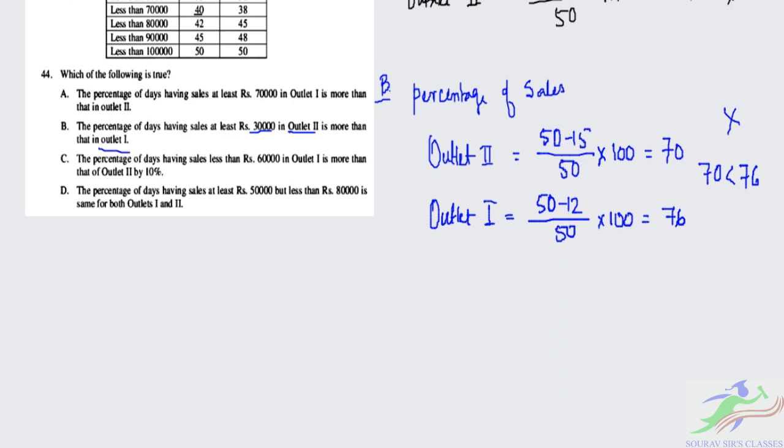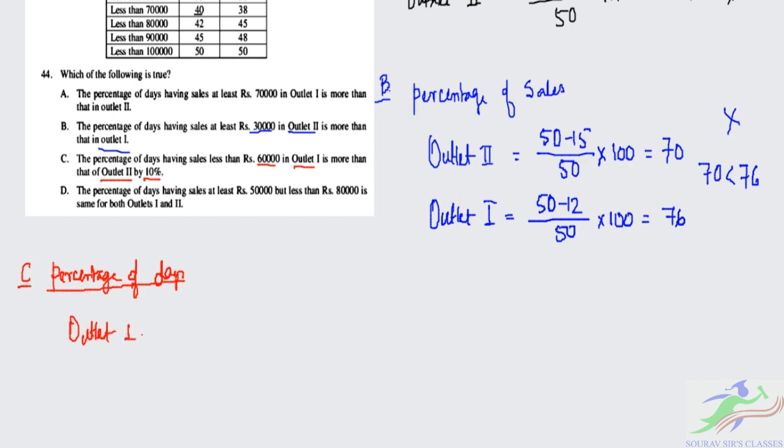So the percentage of days having sales less than 60,000 in outlet 1 is more than that of outlet 2 by 10%. It is already given. So option C, the percentage of days, we have to find the percentage of days with sales less than 60,000 in outlet 1.